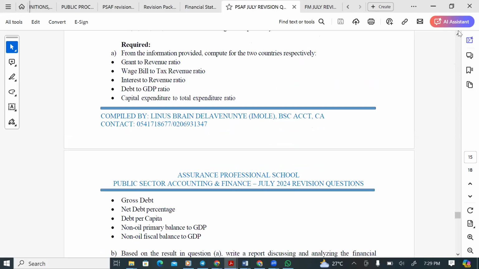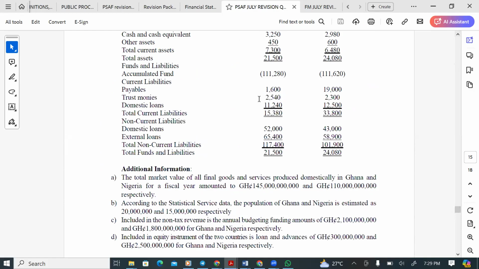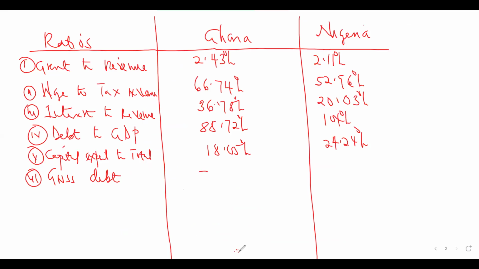What is our total debt? 11,240, 52,000 and 65,400. What are we getting? 1,26,840. Okay, so we have 1,26,840.